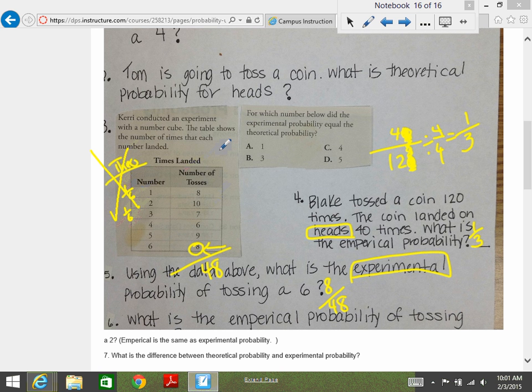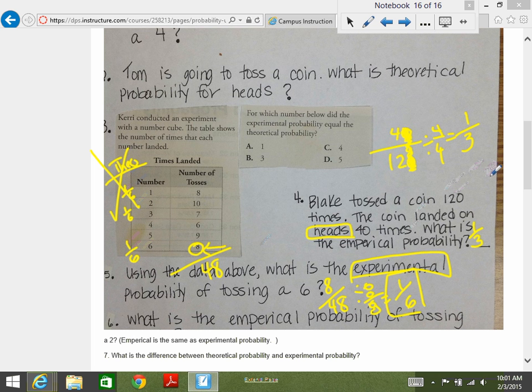I asked for experimental. Okay? Can I reduce 8 out of 48? And what will you get? 1/6. It reduces to 1/6. However, I don't think the person who said 1/6 meant the reduced 1/6. They were looking at theoretical.